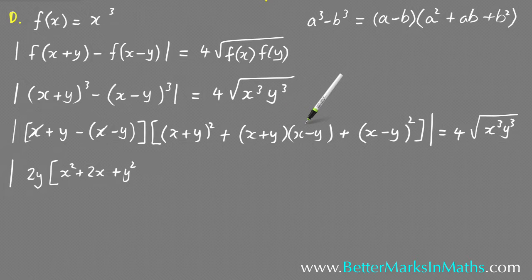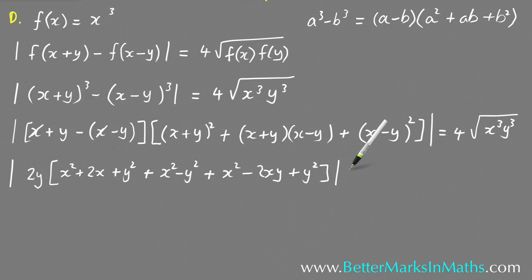If you multiply that out, you will get plus x squared minus y squared, and that's the difference of perfect squares. And then the last bracket expanded, x squared minus 2xy plus y squared, and then square bracket, absolute value sign, and then the 4x cubed y cubed under the square root.